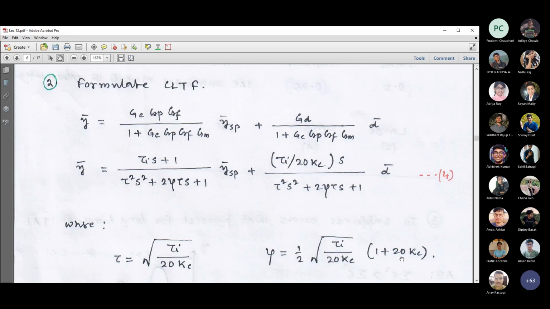And tau and zeta values are given here. Tau and zeta values are determined here, you see.